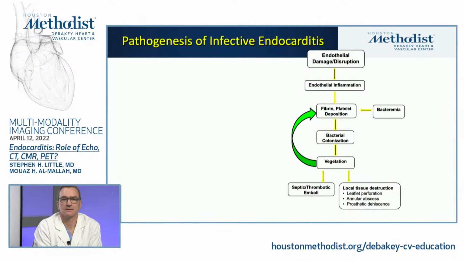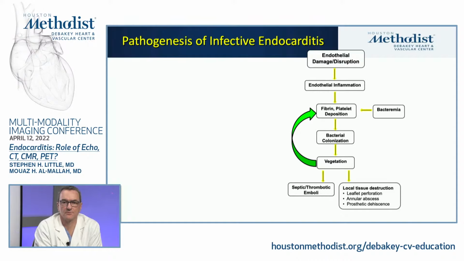So what is the lesion that we refer to as an endocarditis mass? Basically it starts with endothelial disruption. Some form of tissue damage occurs, followed by inflammation. That then leads to this cascade of fibrin and platelet deposition, increased bacterial colonization. That's step one of the vegetation.